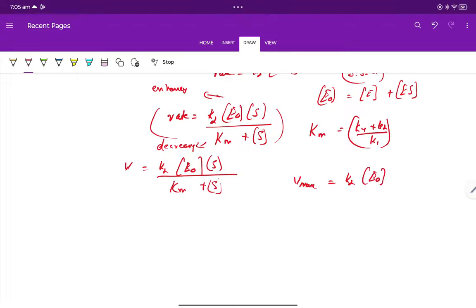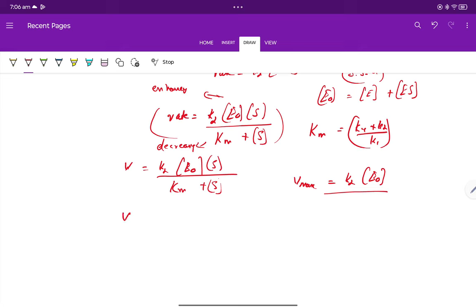What does that mean? At the initial state, all the enzyme will be free, that is E0. At that time you will have the maximum rate, that is k2 into E0. So you can substitute that.